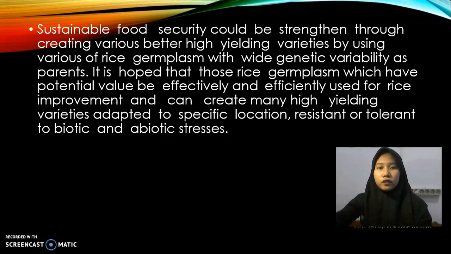Sustainable food security could be strengthened through creating various high-yielding varieties by using various rice germplasm with wide genetic variability as parents.